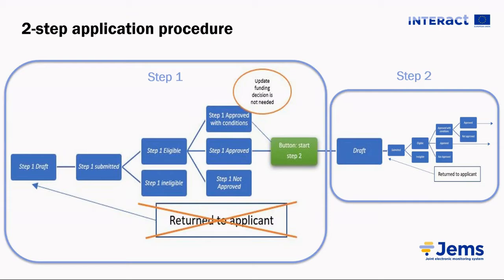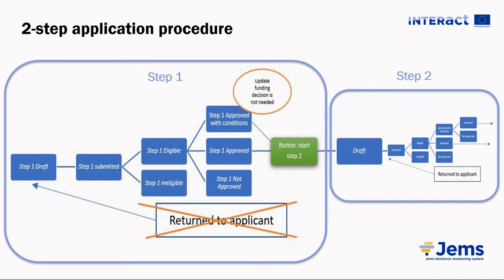Jems does also cater for a two-step application procedure where there is a full step 1 before the second step. The second step corresponds to the one-step procedure that was just demonstrated. So the step 1 starts with a step 1 submitted project application, and here the eligibility assessment can start, with the result of the status either step 1 eligible or step 1 ineligible.